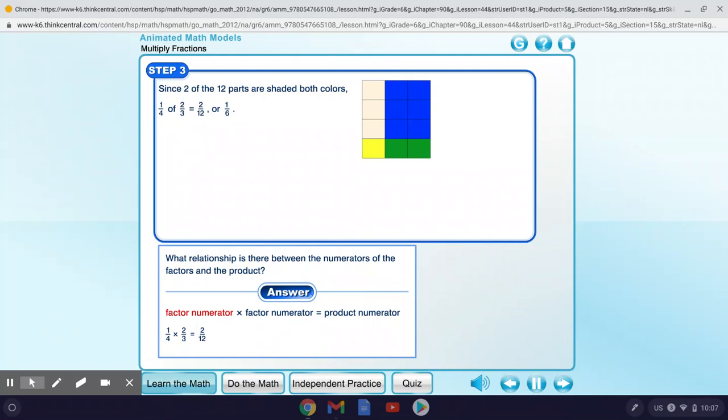Factor numerator multiplied by factor numerator is equal to product numerator. So 1 multiplied by 2 equals 2. To me, multiplying fractions is the easiest one to do. It's numerator times the numerator, denominator times the denominator.